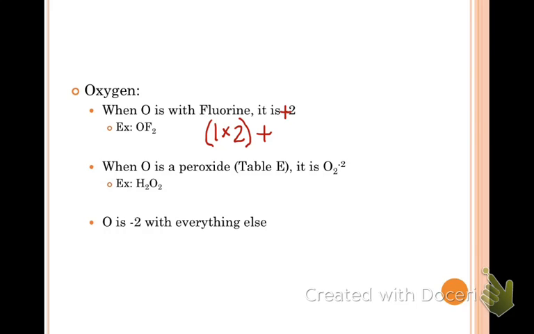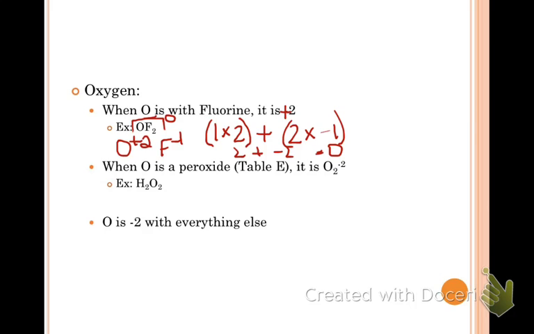We know that there's 2 fluorines here, and each one of them will be a -1 charge. So 1 times 2, of course, is 2, plus a -2 gives us an overall charge of 0. Hence why this entire compound is overall 0, but the oxygen is going to be a +2, and the fluorine is going to be a -1.